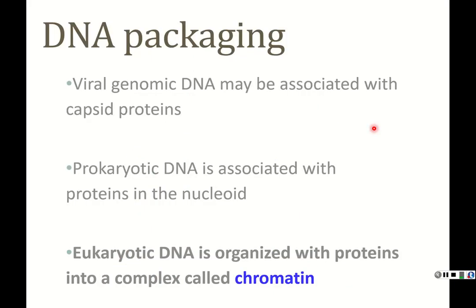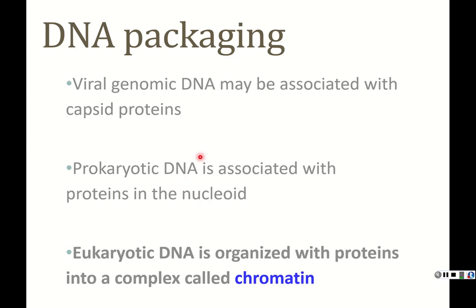Okay, so how is this DNA packed in? Well, we saw the viral DNA, and it may be associated with capsid proteins, the proteins that are actually comprising the viral particle, the outside shell of the virus. Prokaryotic DNA is associated with proteins in what's referred to as the nucleoid, right?